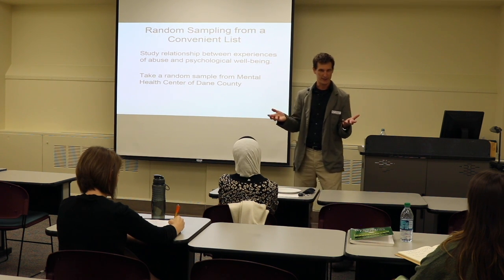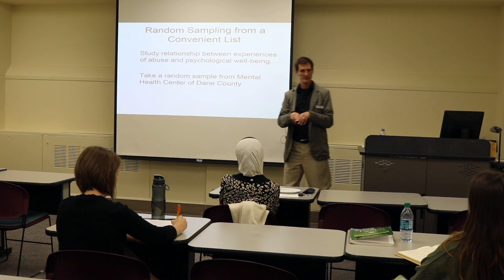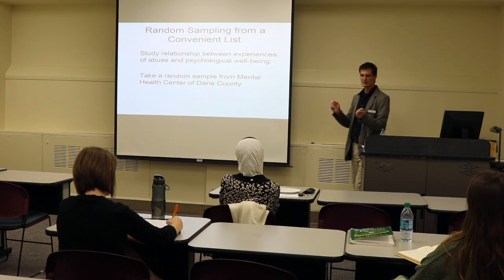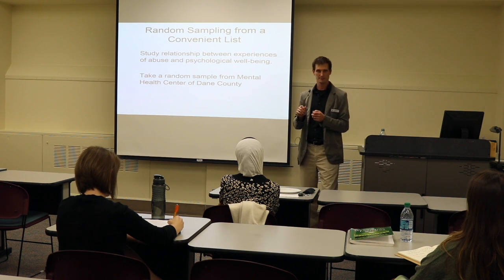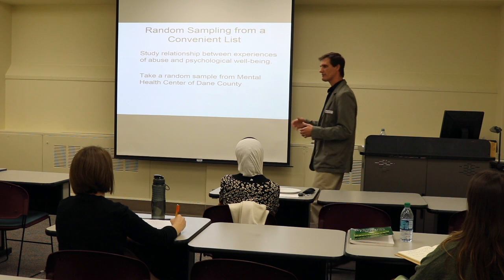It's kind of a gray area because, on the one hand, the original list is an availability sample in and of itself. So you can randomly select from that list if it's a large list and you don't have the resources or the time to collect data from everyone there.